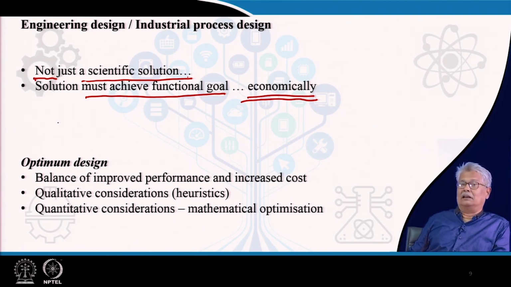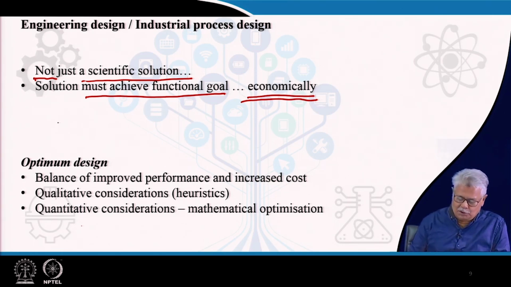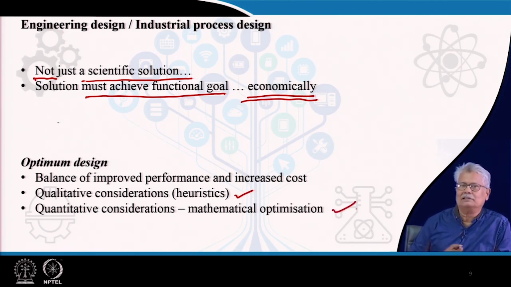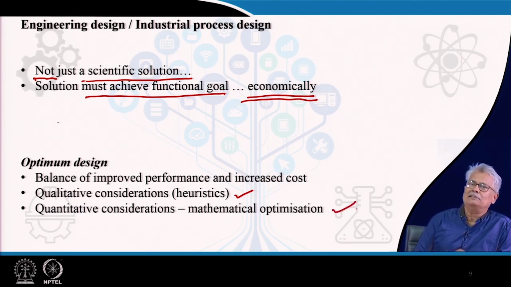The theoretical heuristics can lead to near optimum, but if you really have to achieve the exact optimum or a working optimum about which you are confident, only the qualitative considerations do not help. One has to have quantitative considerations or the mathematical optimization technique also resorted to. So, you definitely will be using heuristics in your design, and you will also be using certain mathematical techniques to optimize your design. So, both are required.